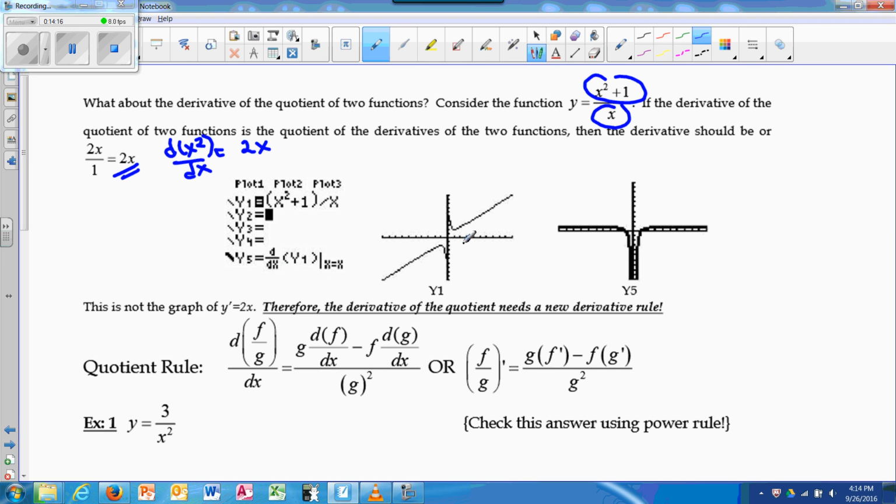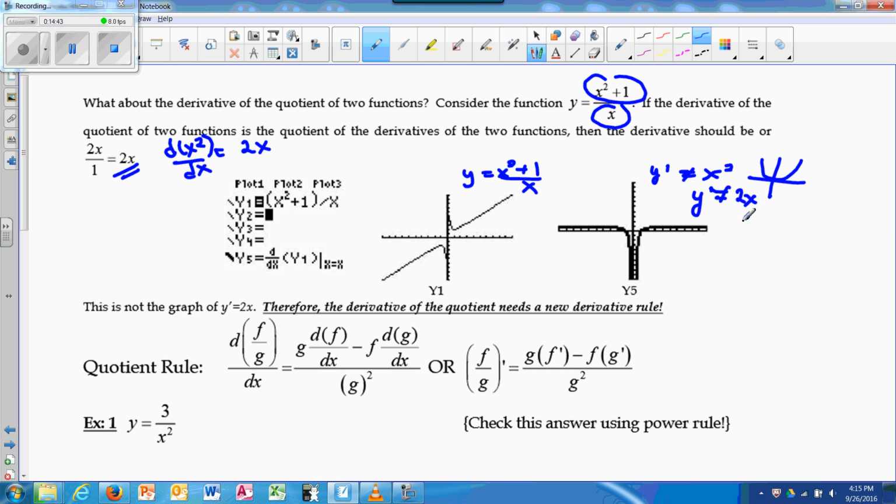If I were to graph on my calculator the original function and the derivative of the original function, just to see what they look like, you'll notice that this is my y function. This is the derivative of that function. It absolutely does not equal x squared.